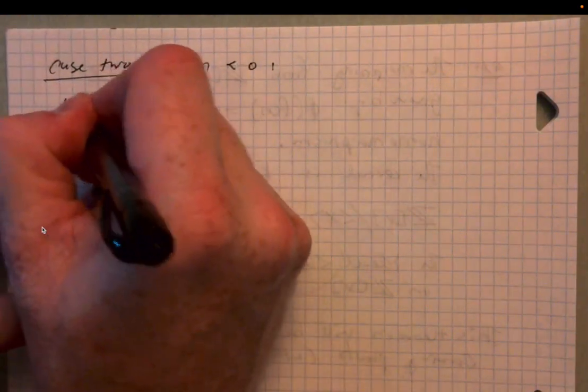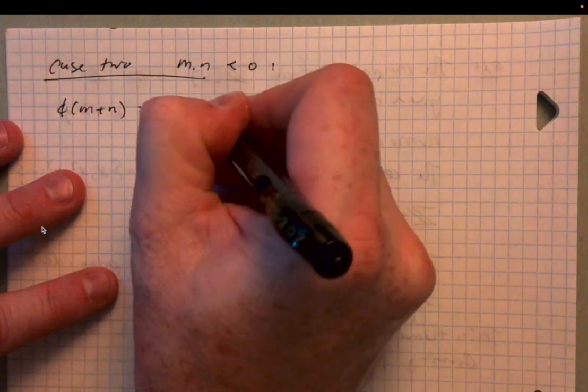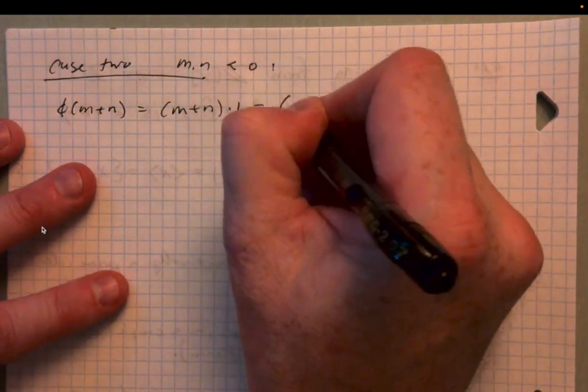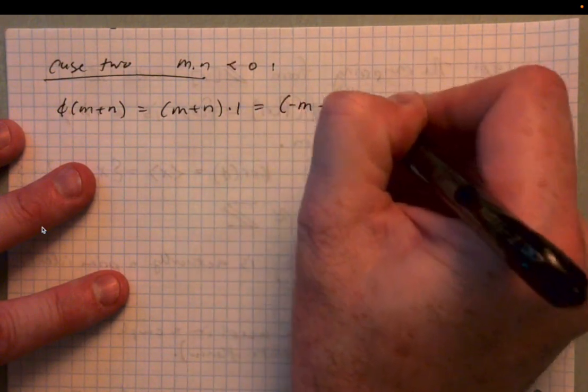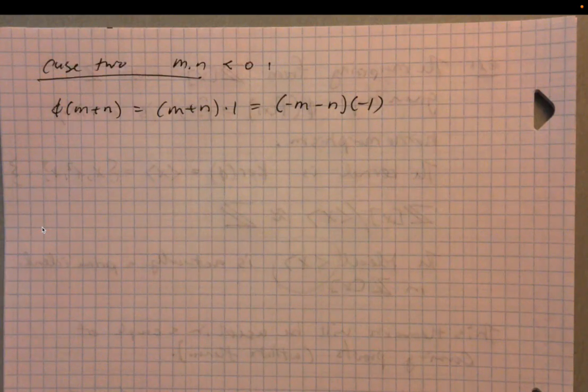All right, and so phi of m plus n is equal to (m plus n) times 1. And that's equal to (negative m minus n) times negative 1. All right, so you can see why that would work. All those negatives would cancel out and be the same thing.